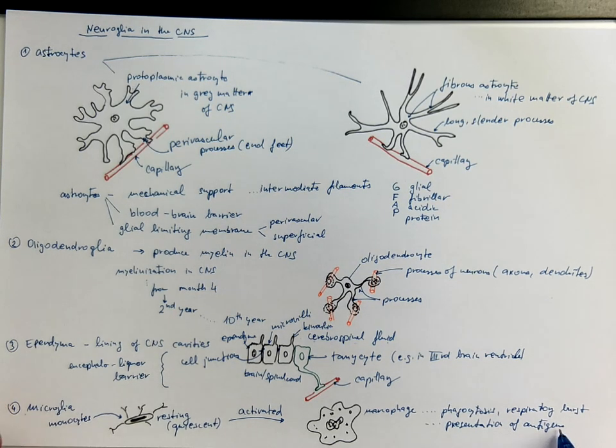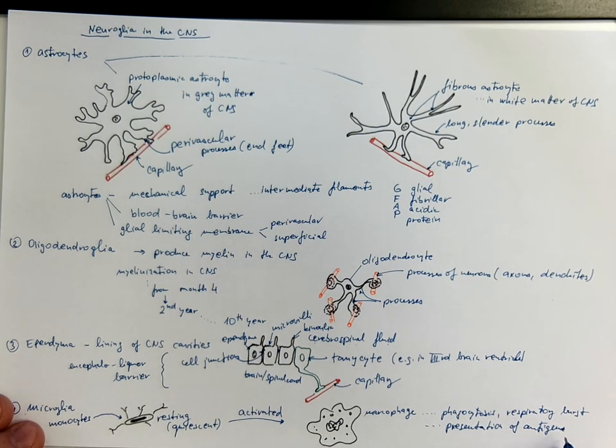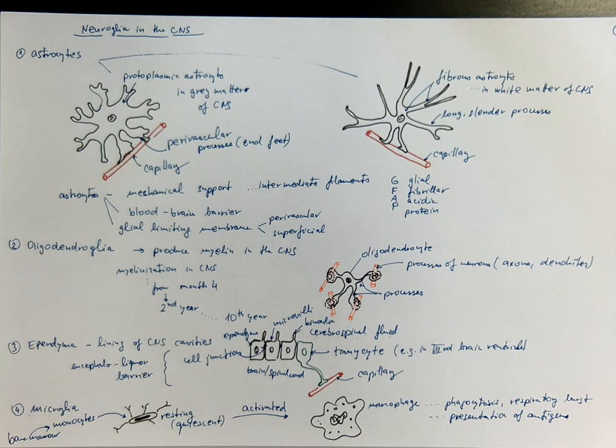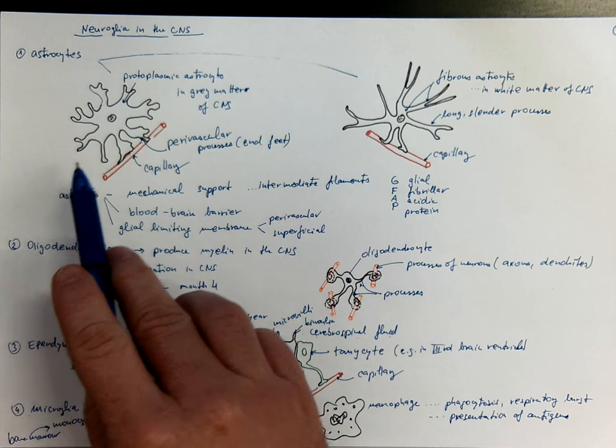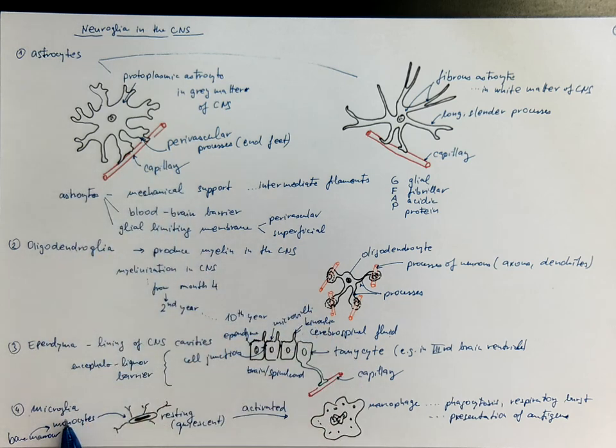Therefore promoting the other part of immune reaction in the brain or spinal cord, namely the specific immune response. So please note that the microglia are the only neuroglia that do not originate from the CNS, but they migrate in later on.